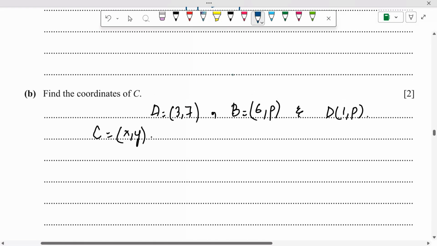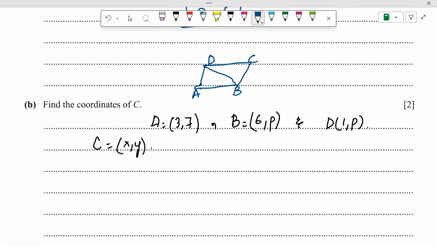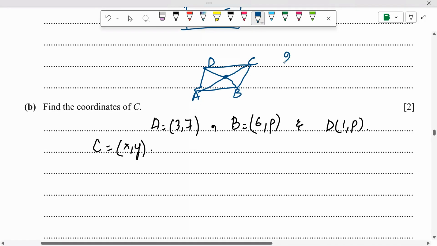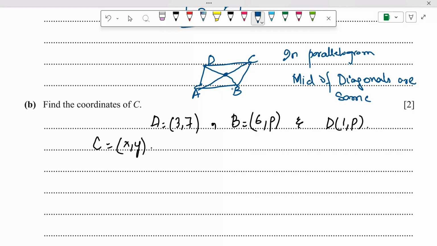First, one concept you should know is that in a parallelogram ABCD, the midpoints of the diagonals are the same. This is a concept you should know: we have two diagonals, and the midpoint of both diagonals will be the same.